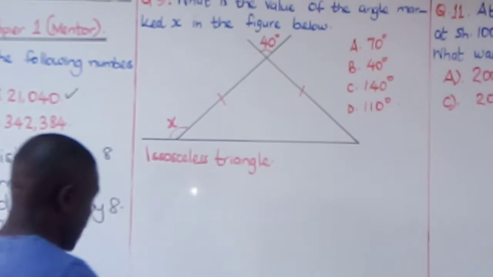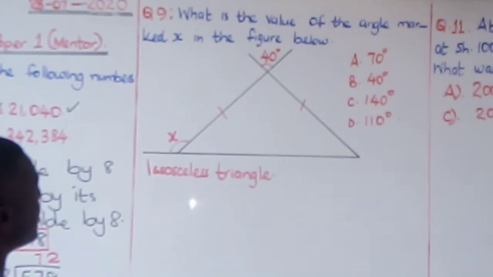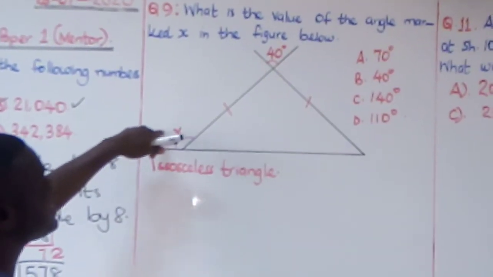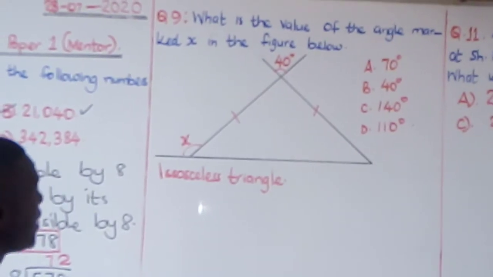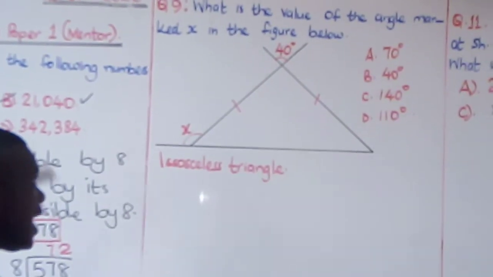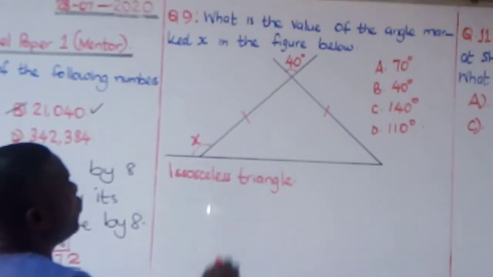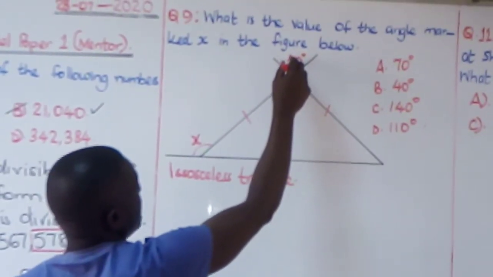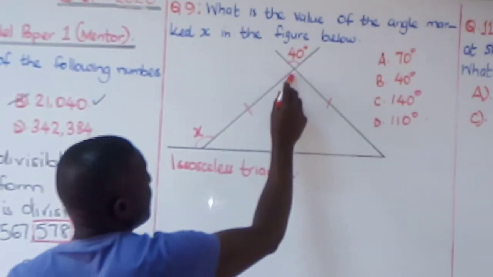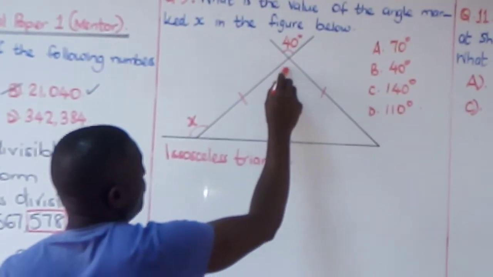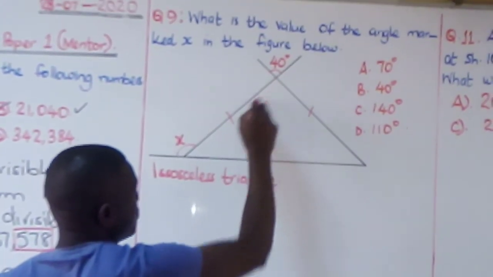Okay. Now let's look at it. They are asking us to find the exterior angle. Not an angle inside, but an angle outside. It's called an exterior angle. And so we look at the relationship between 40 degrees and this vertically opposite angle inside the triangle.